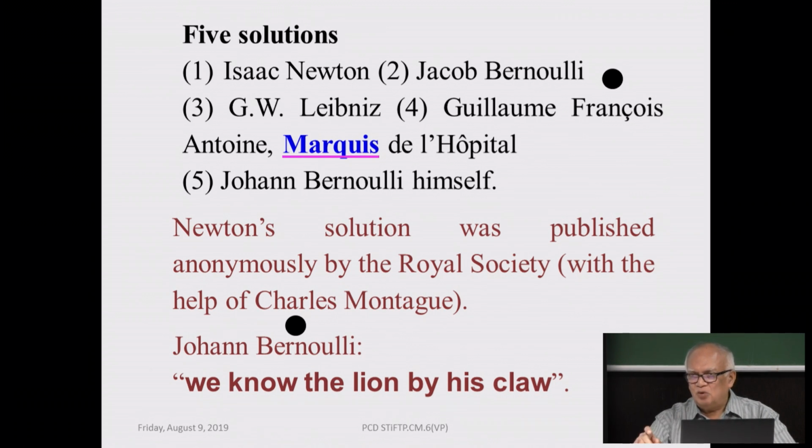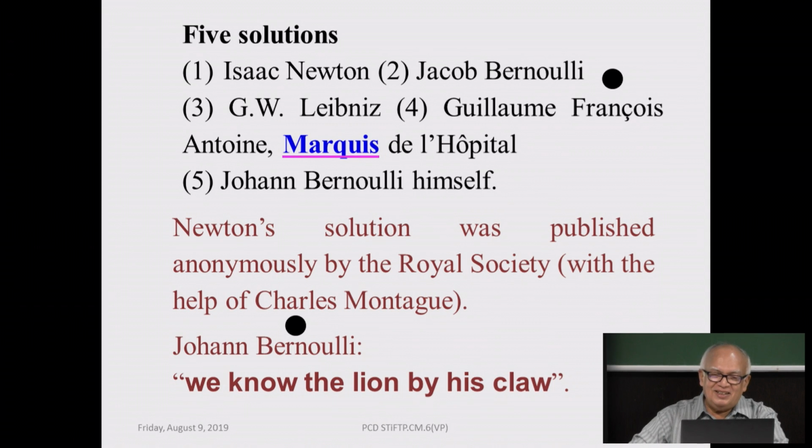He's the one after whom there is a formula which is well known, and then Johann Bernoulli had a solution himself. Newton did not actually identify himself. He offered the solution anonymously through somebody, okay? But then Bernoulli, when he saw the solution, he recognized that this must be Newton's, and he said that we know the lion by his claw.